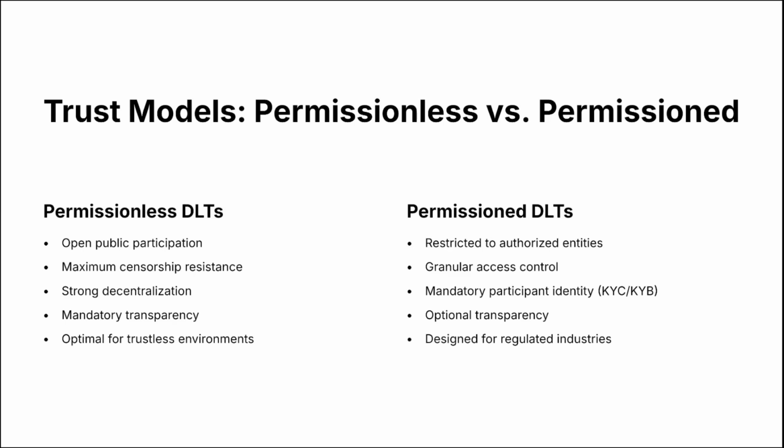KYC is know your customer, and KYB is know your business. This is just an authorization model. These networks offer granular access control and optional transparency, which makes them well suited for regulated industries such as finance, healthcare, or supply chain. So permissionless systems focus on openness and resilience, while permissioned networks are optimal for control, compliance, and collaboration among known participants.